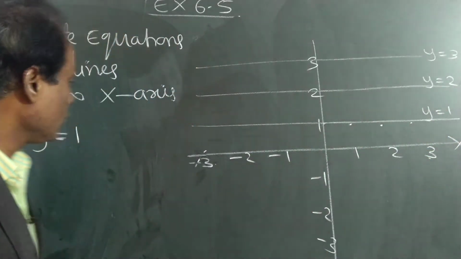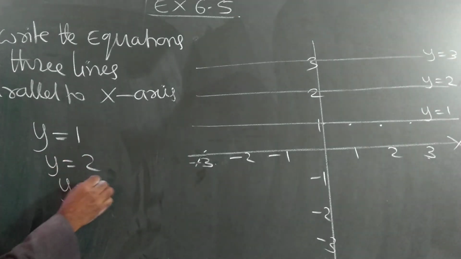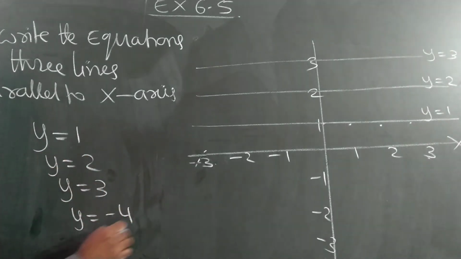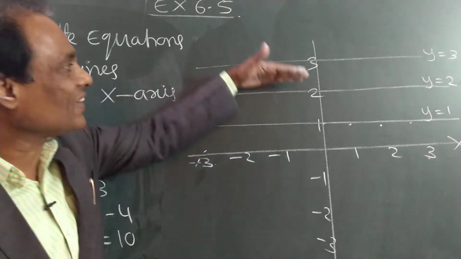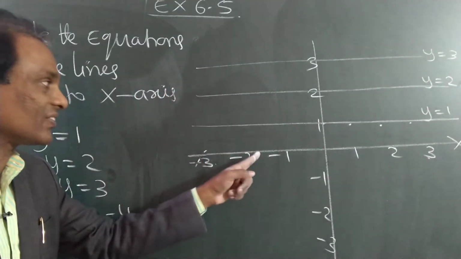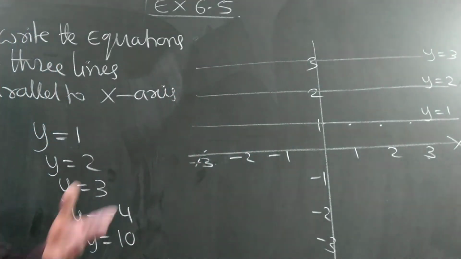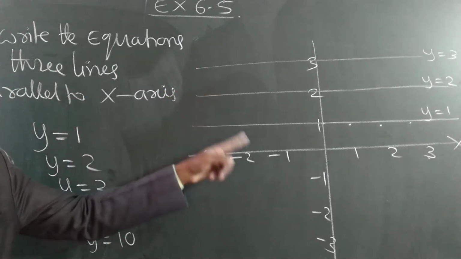to x-axis. So if y is equal to 1 or y is equal to 2 or y is equal to 3 or y is equal to -4, y is equal to 10, all these lines are parallel to x-axis. Y is equal to any constant is parallel to x-axis. So we are asked to write three equations which are parallel to x-axis.